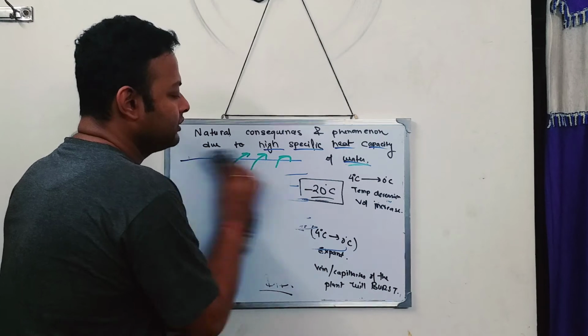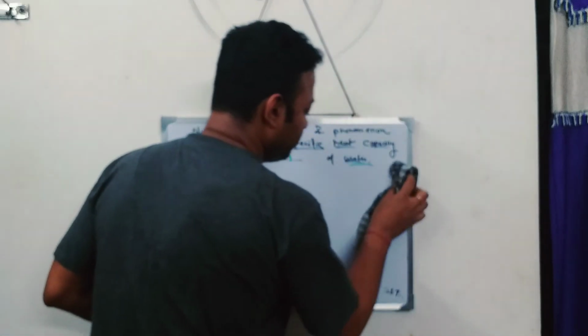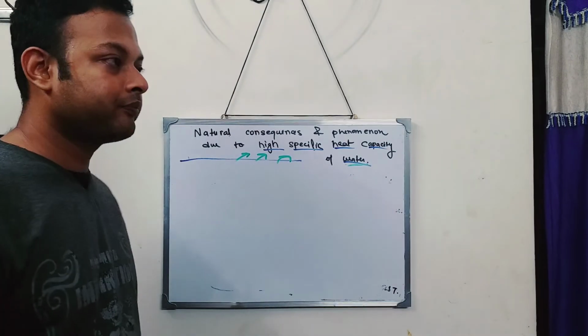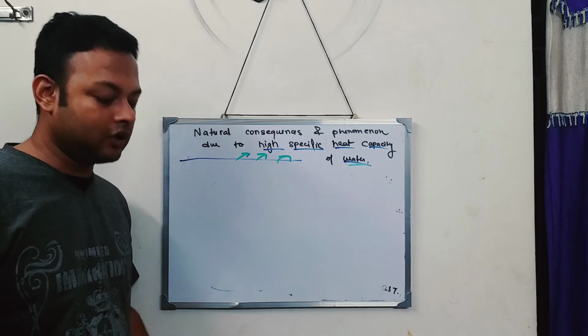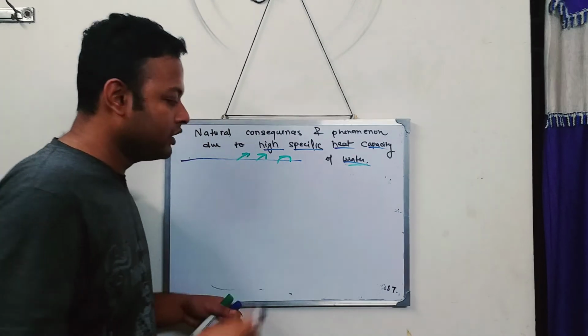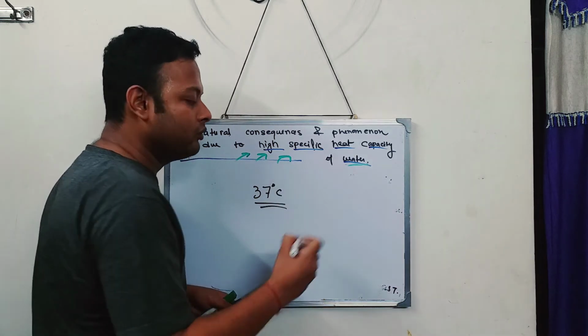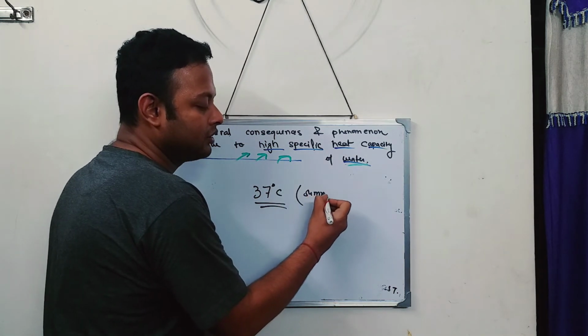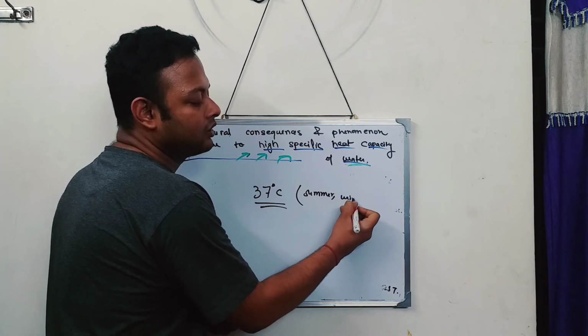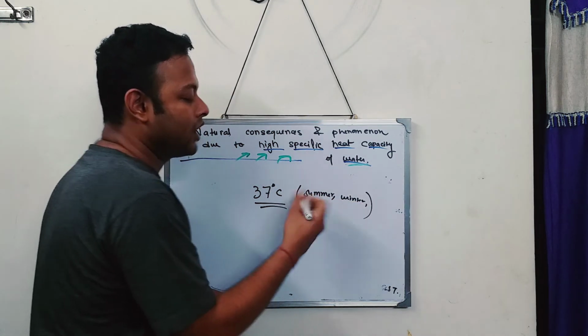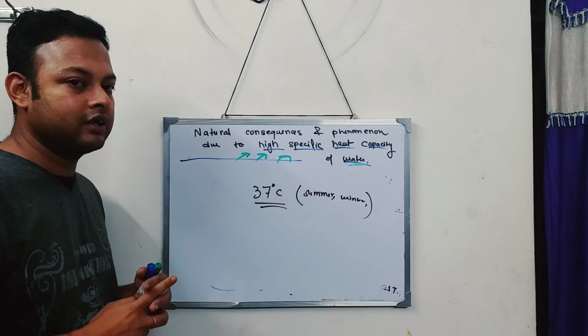Similarly, we can say this thing also: our body has a temperature of how much? Our human body has a temperature of 37 degrees centigrade, and in all weather, in summer, in winter, or any other season, our temperature remains 37 degrees centigrade.